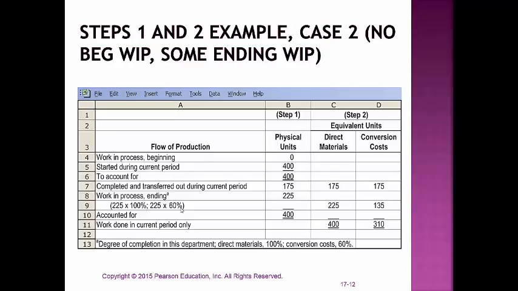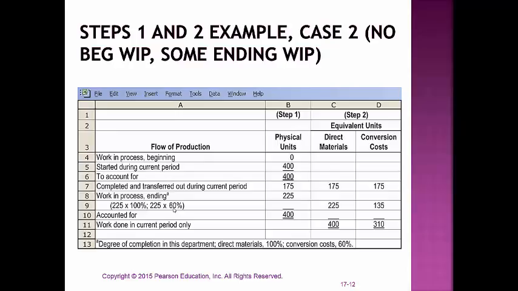So in order to calculate equivalent units, we need to take the 225 and multiply it times 0.6 to give us 135 equivalent units as to conversion.